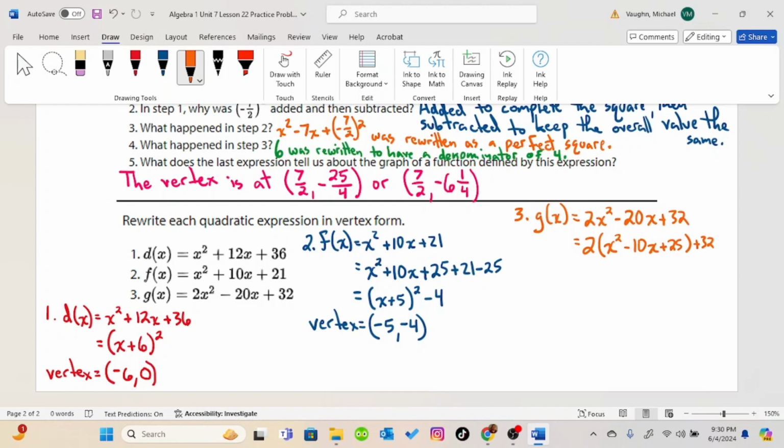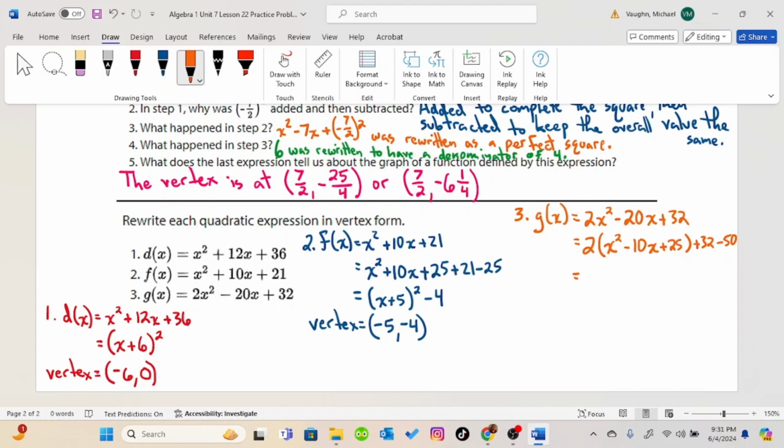But if I'm adding 25 in parentheses, when I multiply it by the 2 outside of parentheses, I'm actually adding 50. So if I'm adding 50, I also need to subtract 50. This way I don't really change the value. I add 50, then I immediately subtract 50, and it's right back to where it was in the beginning.